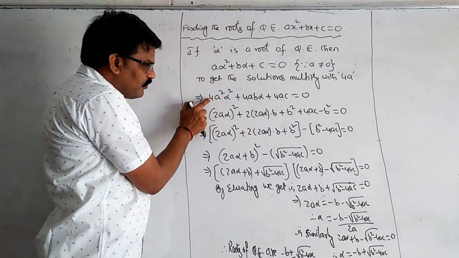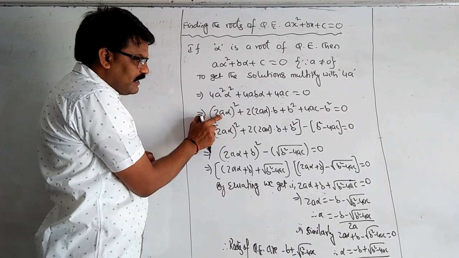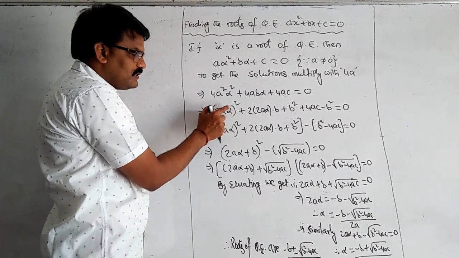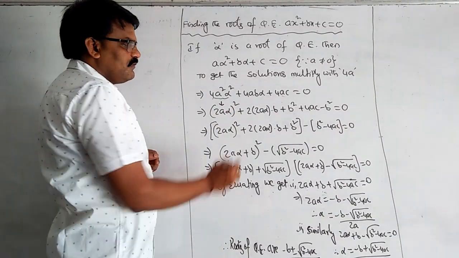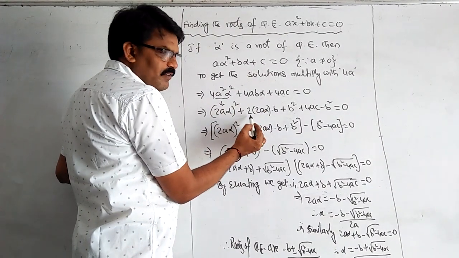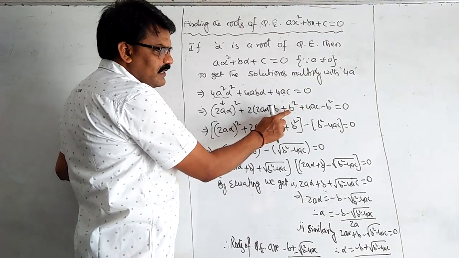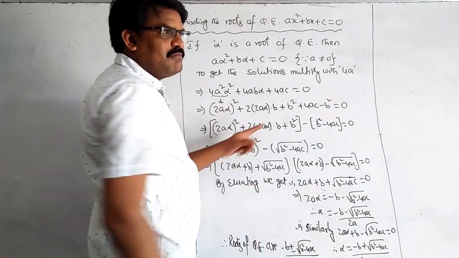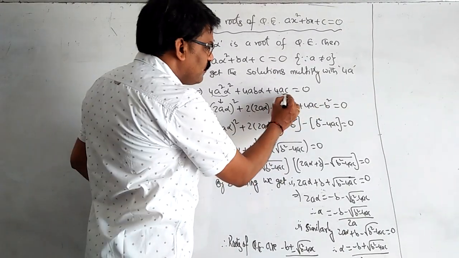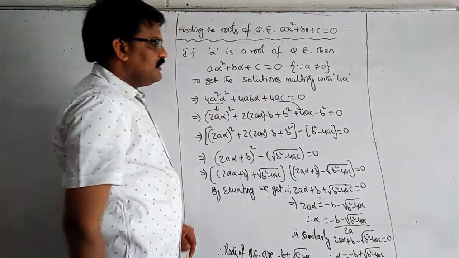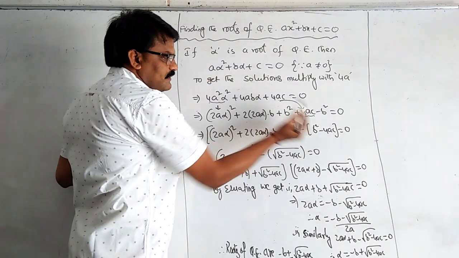We can write 4a square alpha square as 2 square, a square, alpha square, so this can be written as (2a alpha) whole square. So 4ab alpha can be written like this. Here just add and subtract b square, so plus b square and minus b square, and 4ac stays in the same place.